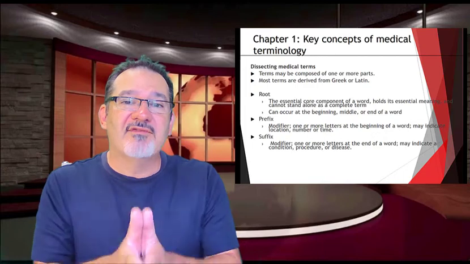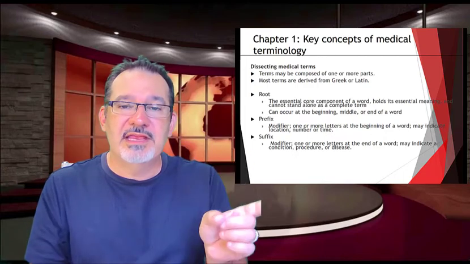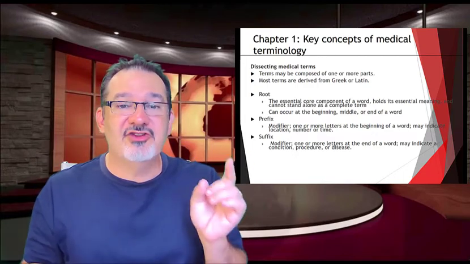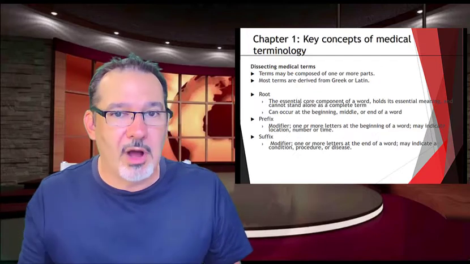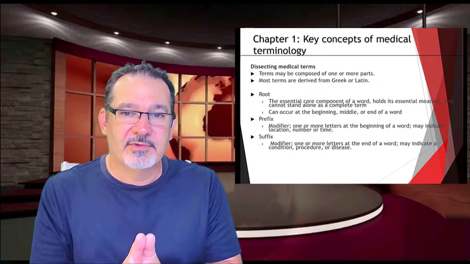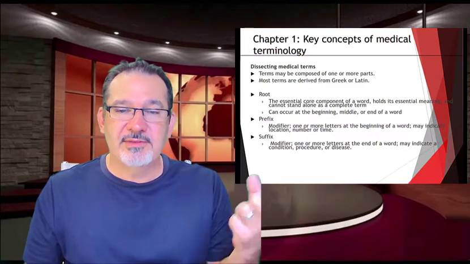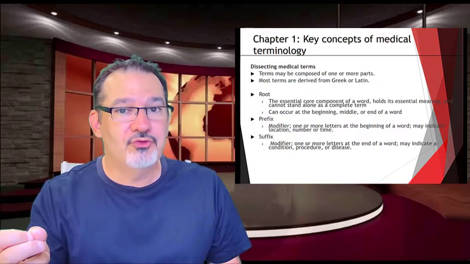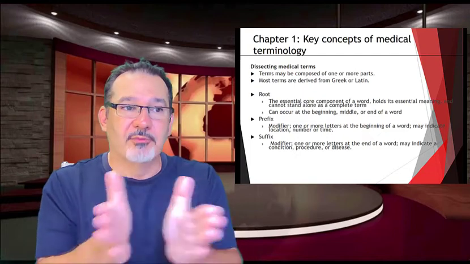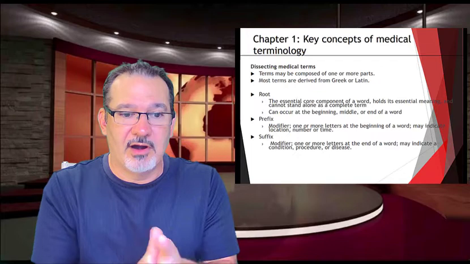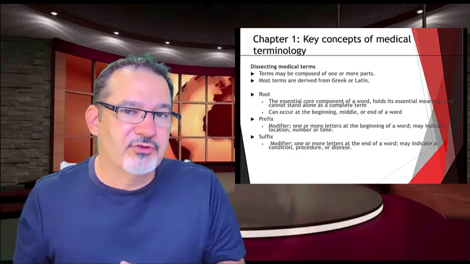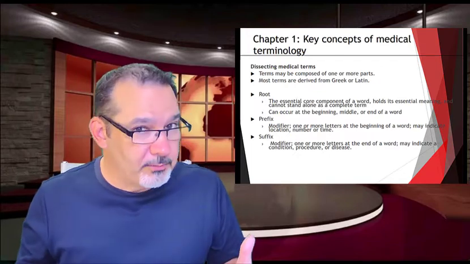And then the combining vowel is O, hematology, H-E-M-A-T-O-L-O-G-Y, hematology, okay? So you have a root, hemat, a suffix, logy, and then the combining vowel to bring those two pieces together is the O, all right? Now, sometimes words can have a prefix or more than one prefix.